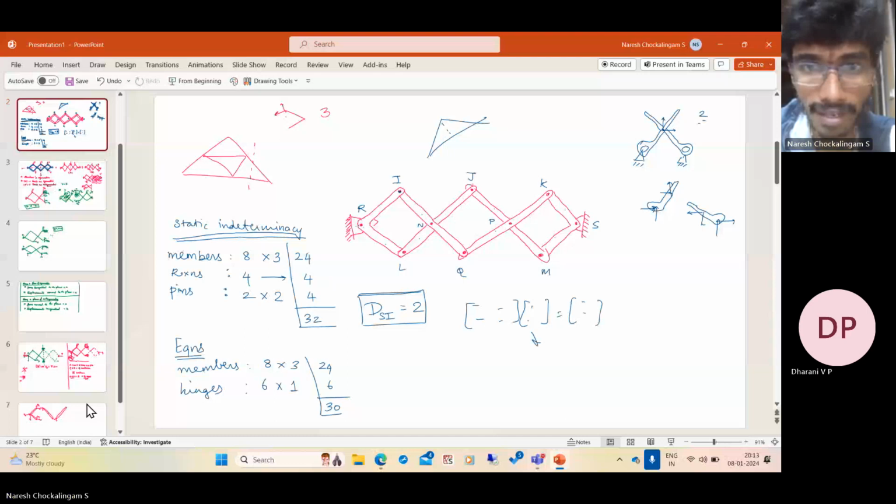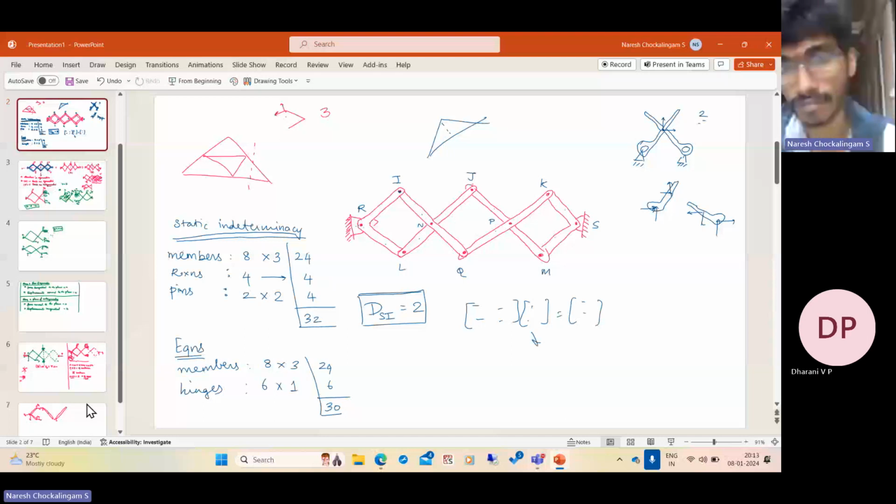So here I have QX and this is JX. That's all. So total number of unknowns are 1, 2, 3, 4, 5, 6, 7, and in this we have 3, 4, 5, 6, 7, 8, 9, 10. So I have 10 unknowns.